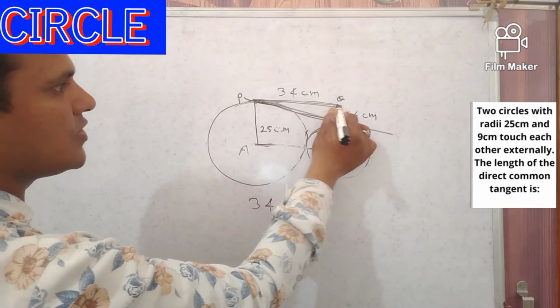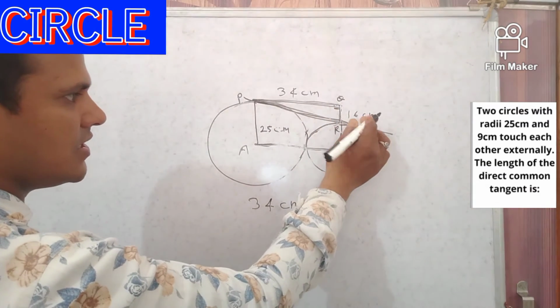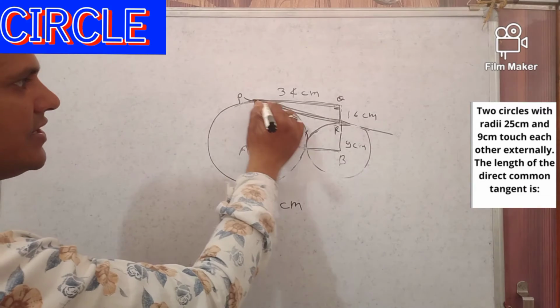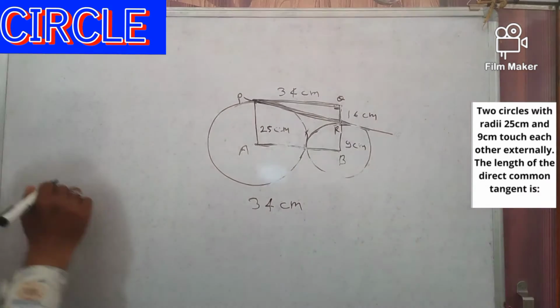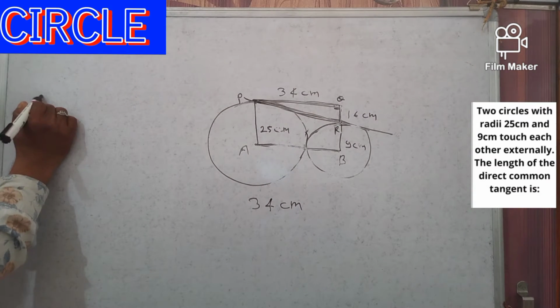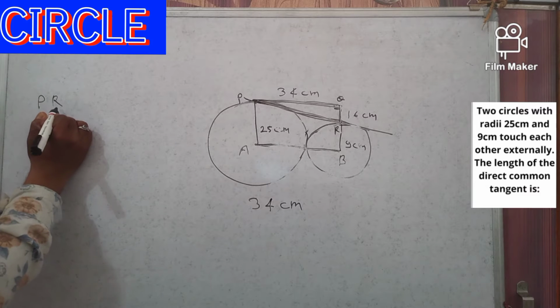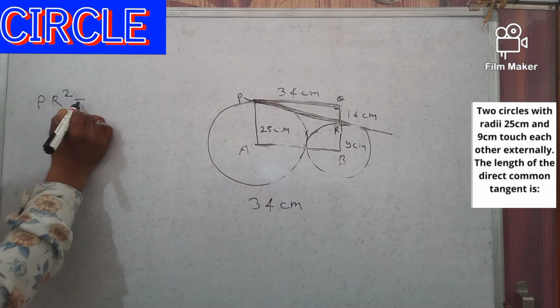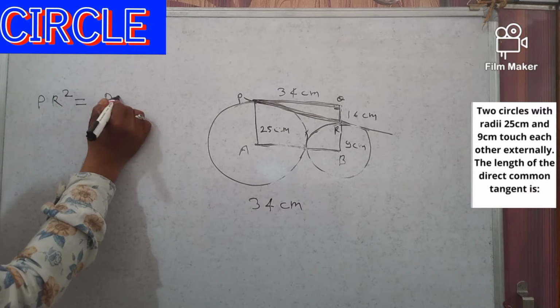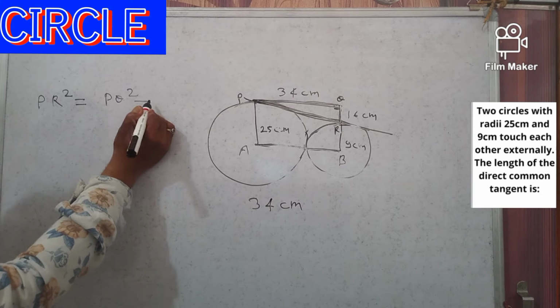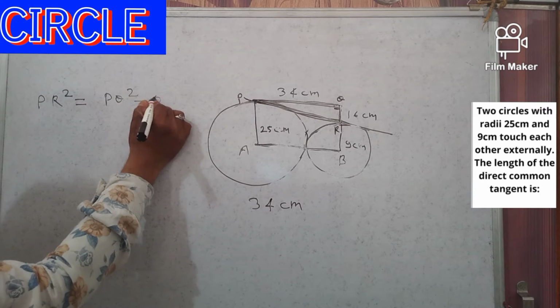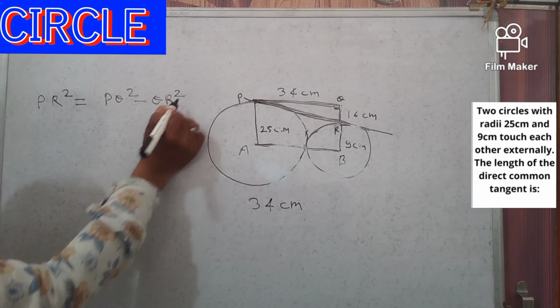Now we have 34 centimeter and 16 centimeter. We need this. By the Pythagoras system, PR square is equal to PQ square minus QR square.